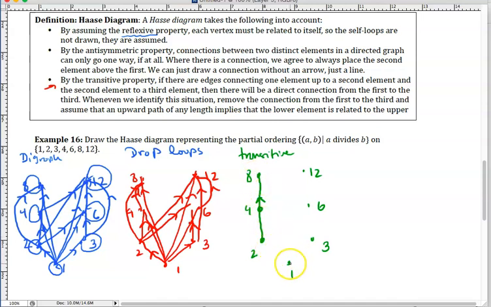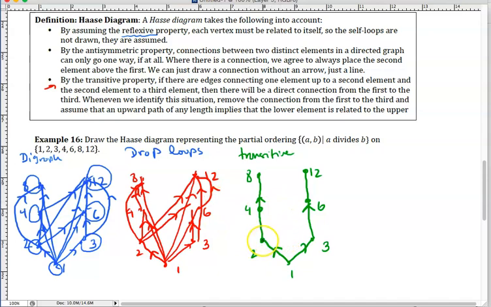Okay, all right, and we can sort of draw an arrow here, and 1 is going to go to 2, to 4, to 8. On this side, we're going to do this. All right, so 1 goes through all of this, 3 goes to 6 and 12, 6 goes to 12.